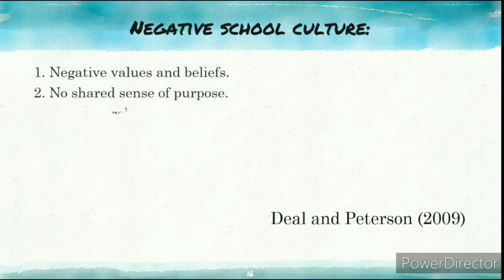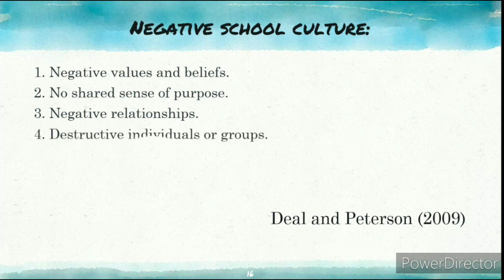Third, negative relationships. Teachers or administrators have negative attitudes with each other, discourage teamwork, keep unsolved arguments, and they usually see the student as the source of the problem. Fourth, destructive individuals or groups.